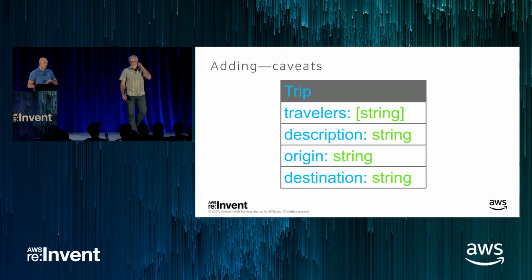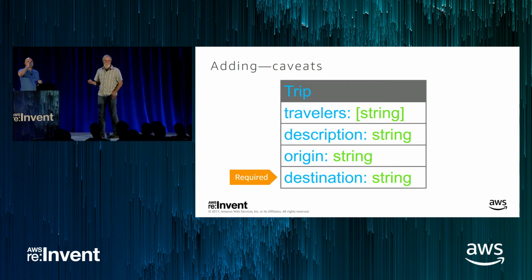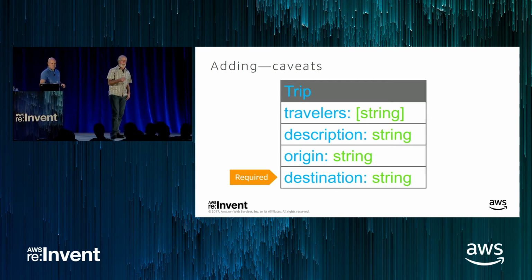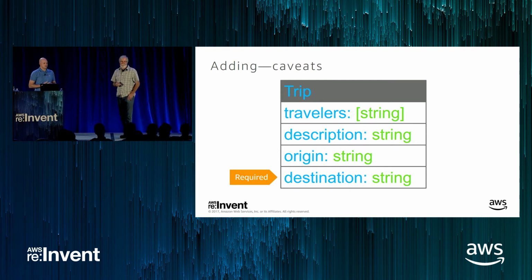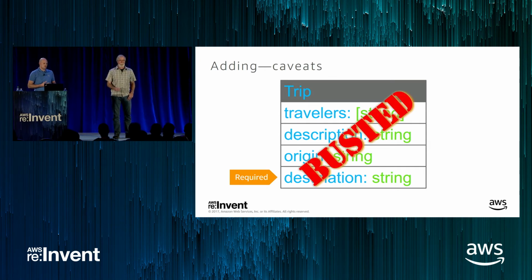When we talk about adding items which are required, we're talking about constraints on inputs. Required is a constraint. If you don't supply this on input, you're going to get a validation error from the API, right? You didn't supply the destination, which is required. Old clients will not be able to use this API anymore because they don't know about the required field.